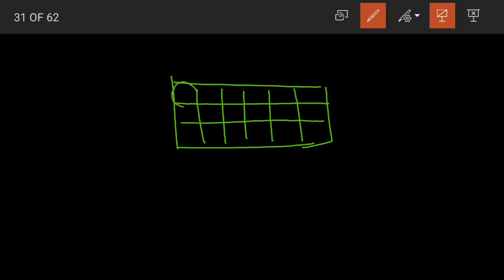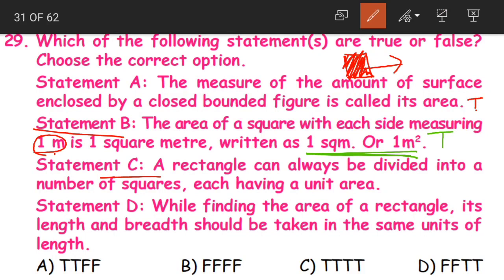Yes, see now each block is a square, and if you remember children, in the starting classes we found out the area of a rectangle like this by counting the number of squares in the rectangle, and each square represented 1 unit. Yes or no? Yes. So statement C is also true.